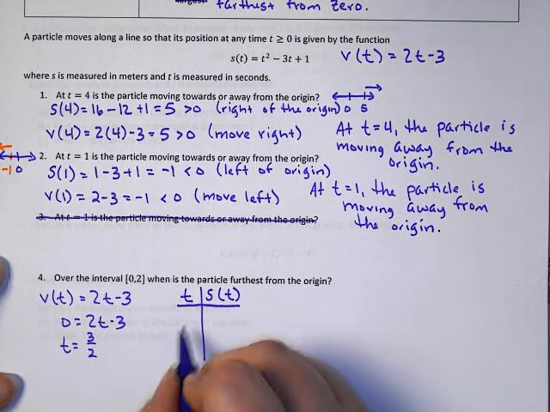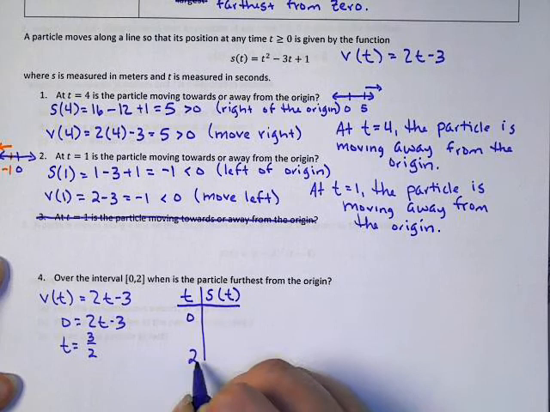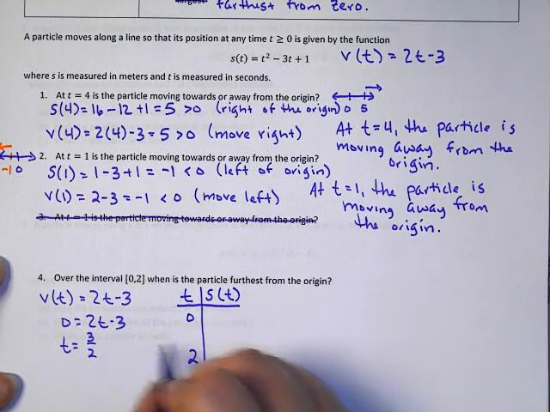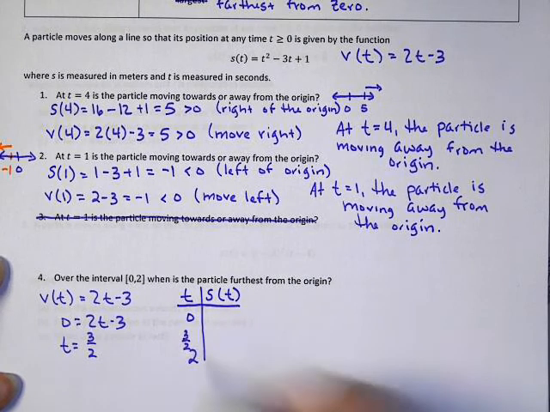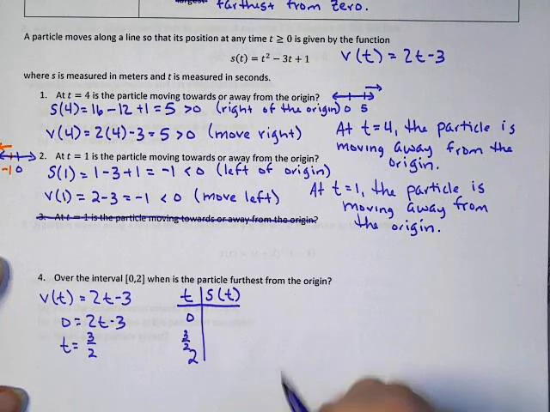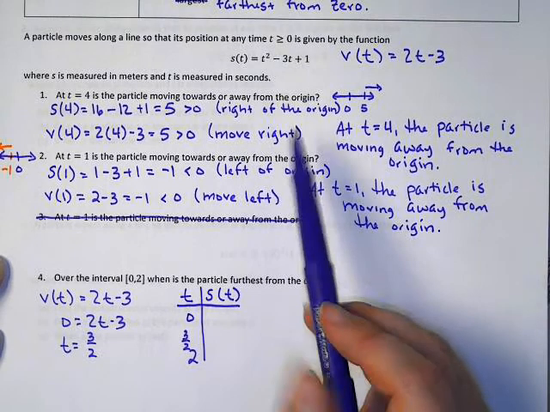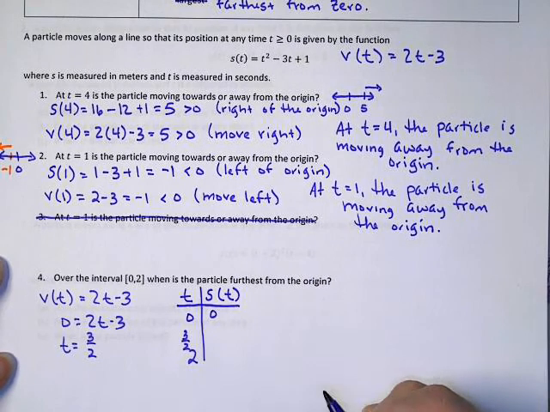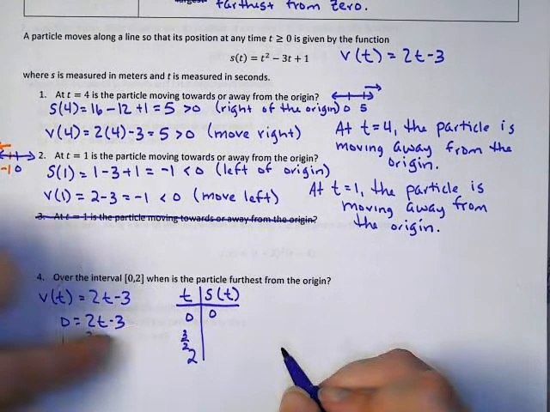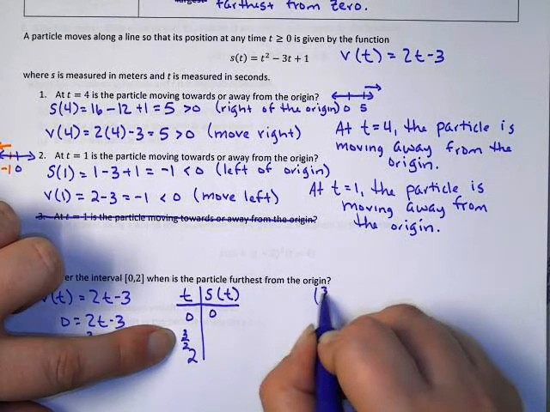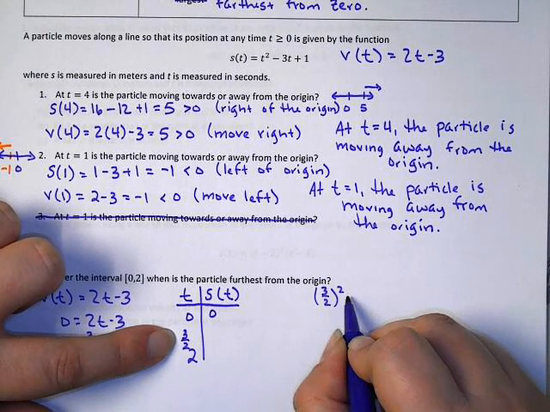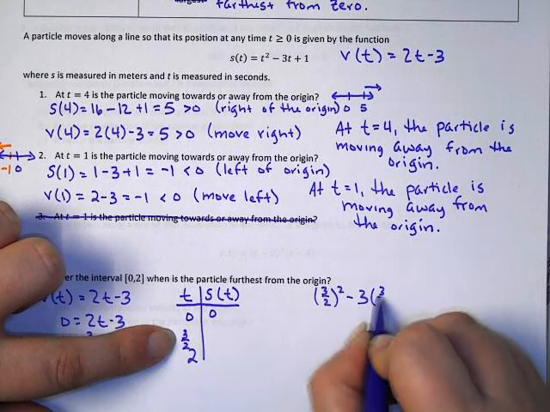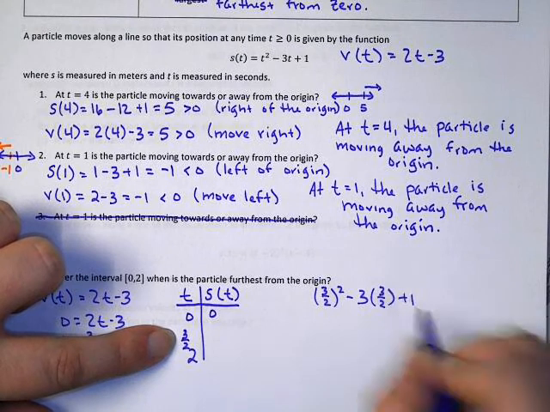We're going on the closed interval from 0 to 2, and our critical value that we have here is 3/2 or 3 over 2. So if we look at the position function, if we plug in 0, that's nice and easy. We'd have 0. To do 3/2, we need 3/2 squared minus 3 times 3/2 plus 1.